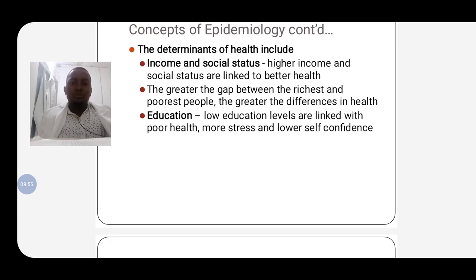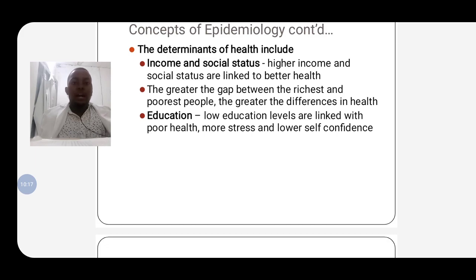Hii ni sababu ya mtu kuweza kufanyaje? Kuweza kuwa na afya bora, kuweza kuimarisha afya yake ukiwa na hivyo vitu, income and social status yako. Lakini inaweza pia kuwa sababu ya mtu kuwa katika dimbwi la magonjwa au katika hatari ya kupata magonjwa fulani kwa sababu ya income yake. Sasa inategemea wewe mwenyewe utaielezeaje, lakini sababu zinakuwa ni hizo hizo.